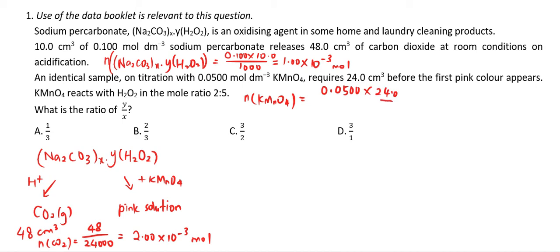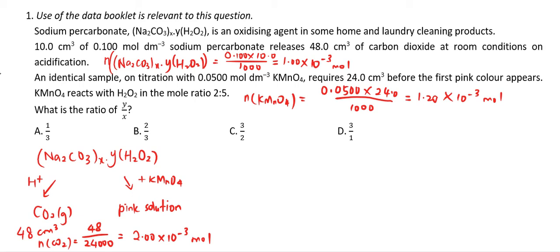So I'm just converting everything to number of mole. So this is 1.2 times 10 to the power of negative 3 mole. Okay, you'll see why later when I calculate the mole ratio, then you'll see why I turn everything into number of mole, because using the mole ratio, I'll be able to find the ratio of y over x.